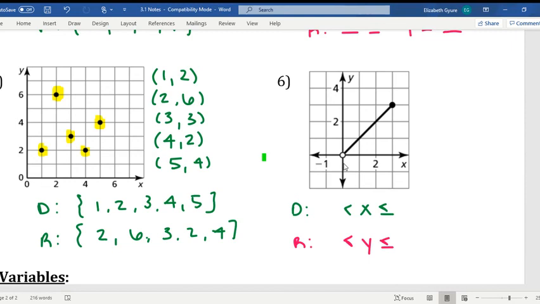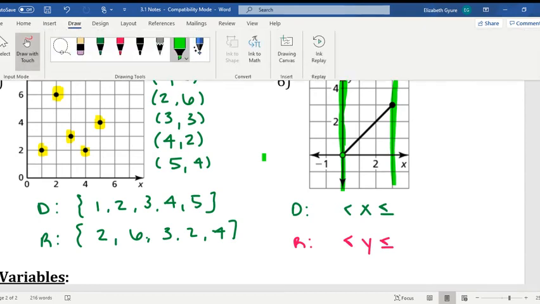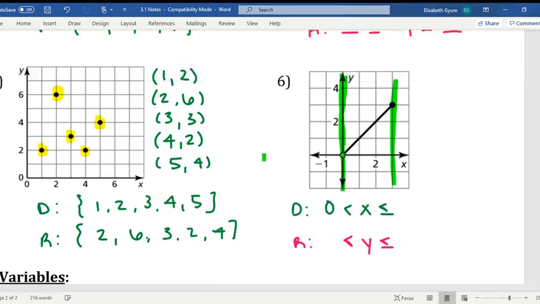Yeah, right here. And then, is it still happening at 1? What about at 2? What about at 3? What about at 4? No. So it ended at 3. So your domain is going to go from 0 to 3.